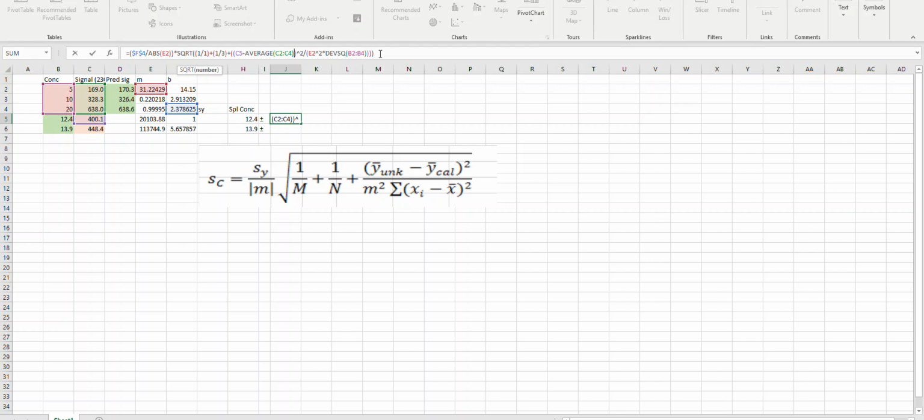Get the numerator here. Yeah, no, we're good. I'm just checking those parentheses, right? So this I should be able to drag down because everything is F4 that needs to be. Oops. I don't think so. Let's see here. So actually we need to place an F4 on these guys.